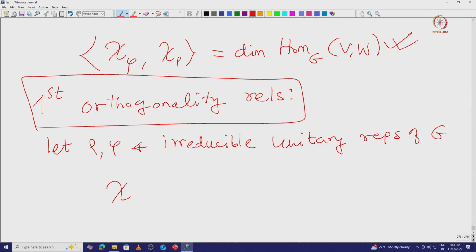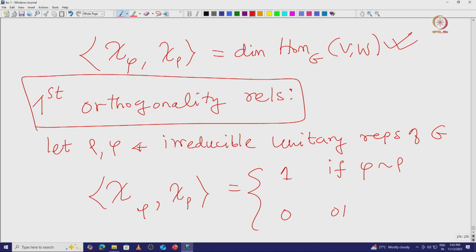From this equation and Schur's lemma, you can see that the inner product is exactly 1 if phi and rho are equivalent and 0 otherwise, because this Hom space exactly behaves that way.